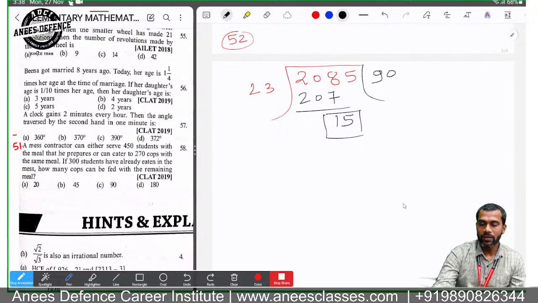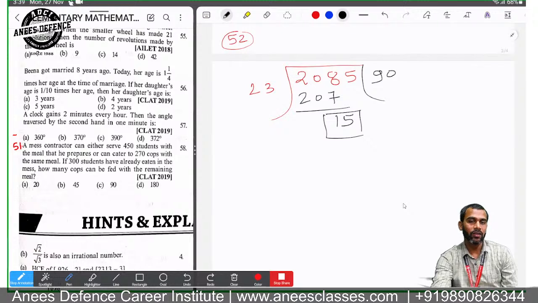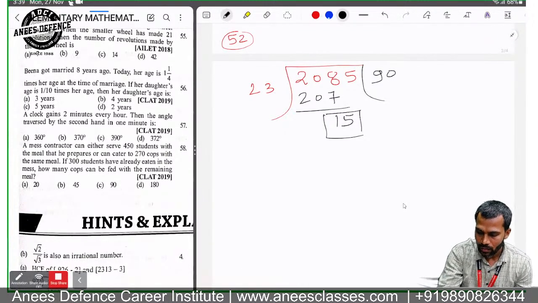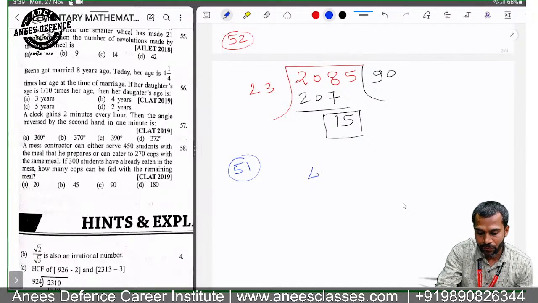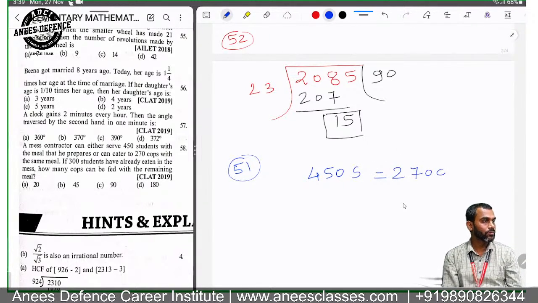Let us assume S unit food is eaten by each student, and C unit food is eaten by each cop. So can I say 450 S is equal to 270 C? Yes or no? Why?